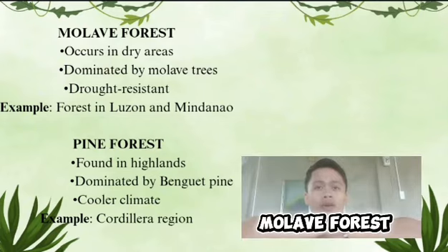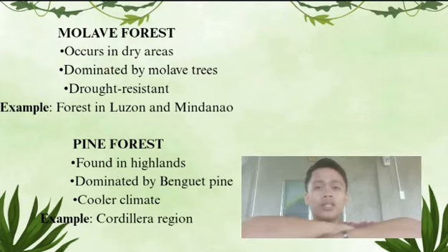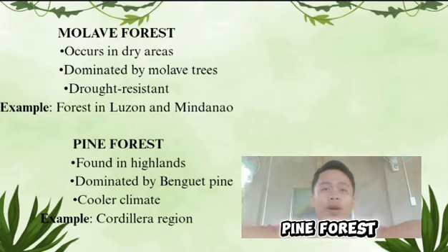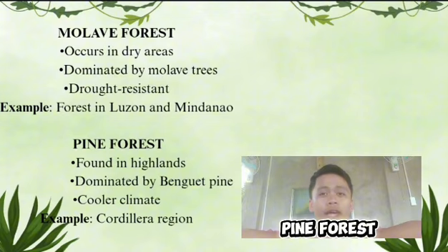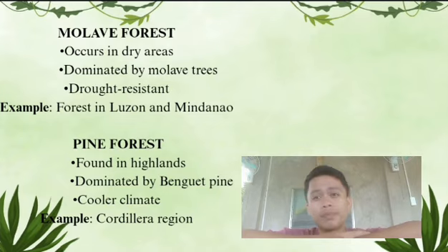Molave forest occurs in the dry areas dominated by molave trees, for example, forests in Luzon and Mindanao. Pine forest is found in the highlands dominated by Benguet pine, in a cold climate, for example, the Cordillera region.